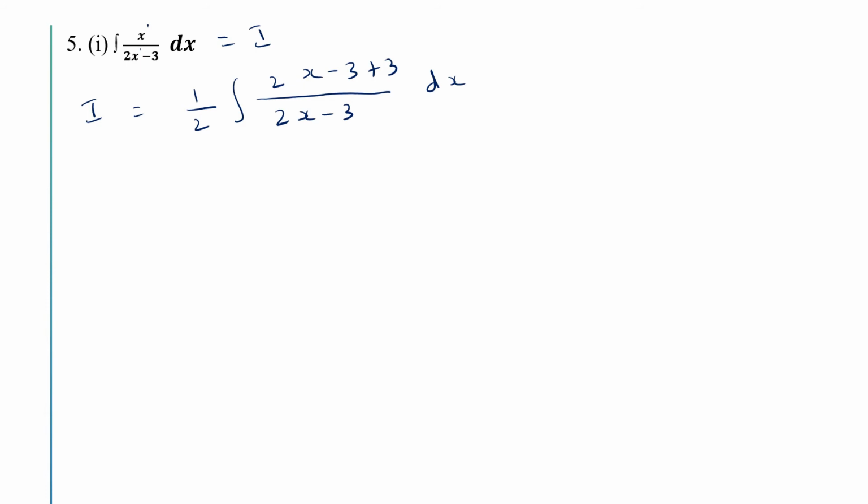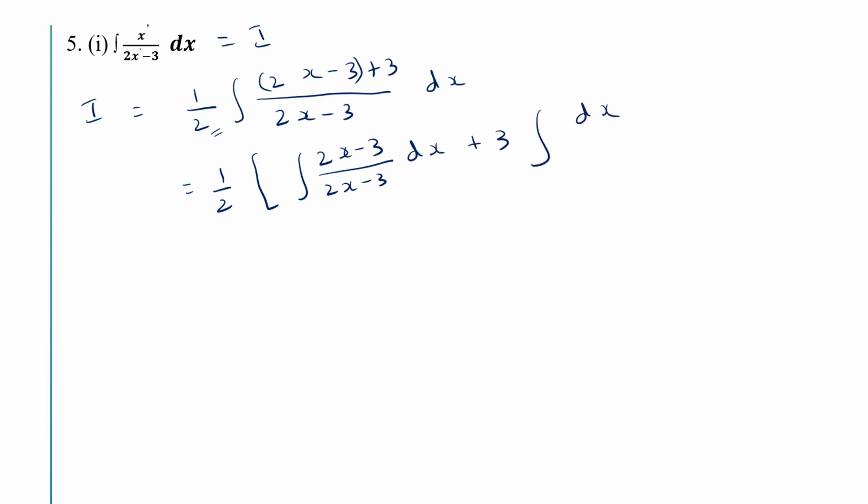So first I multiplied and divided by 2, so it is half of 2x, then adding and subtracting 3. If we do this, we will be able to simplify this and reduce this to the standard form. So this we can take separately, then plus 3. So this is equal to half integral 2x minus 3 by 2x minus 3 dx, then plus 3 integral dx by 2x minus 3.